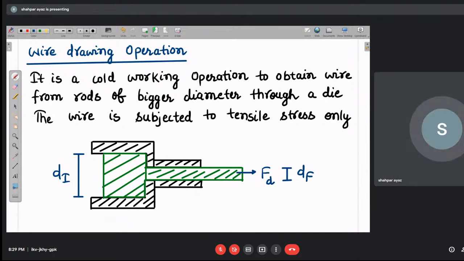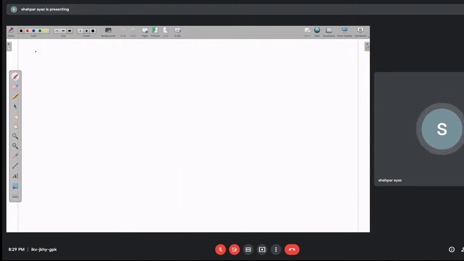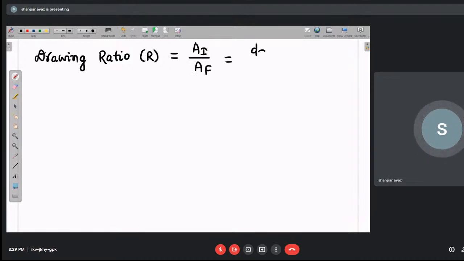So in exams, they ask you this drawing force. Here we define one ratio. First ratio is R. R is called your drawing ratio. It is initial area of the billet upon final area of the wire, so you can write it as Di by Df whole square.